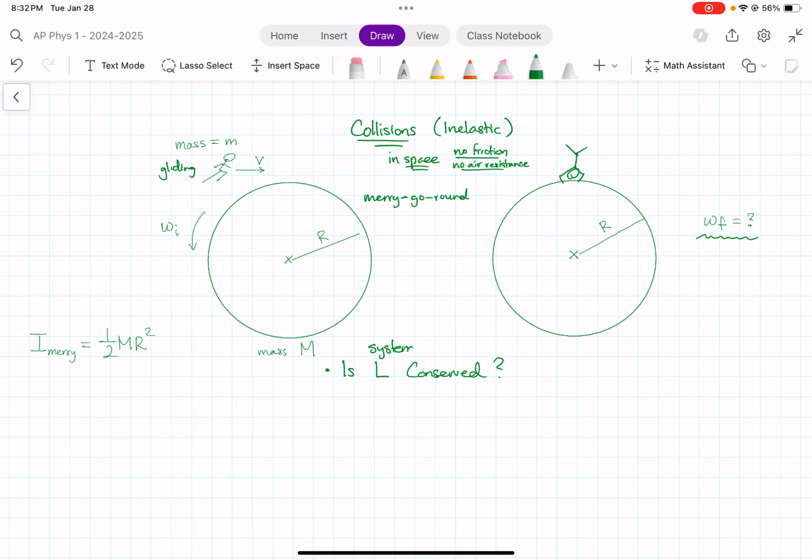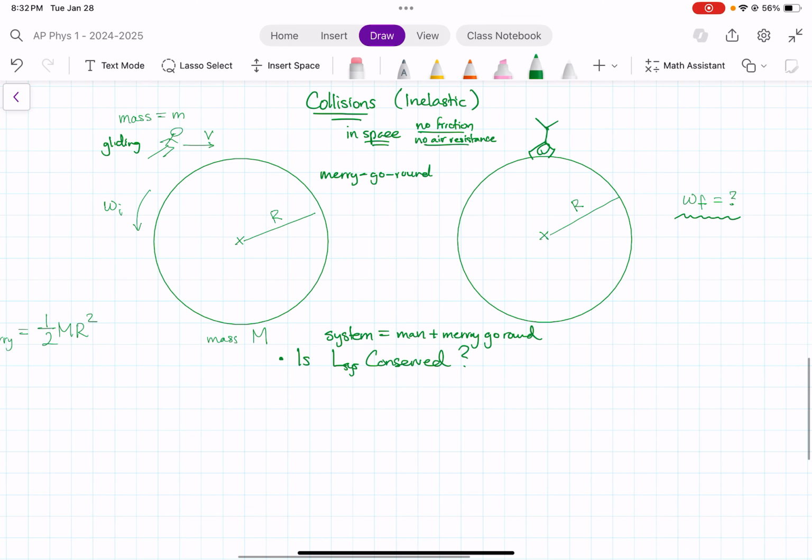I haven't defined the system yet, so that's my bad. It is the man plus the merry-go-round. That is my system. Is L of the system conserved? I should have been more specific here.